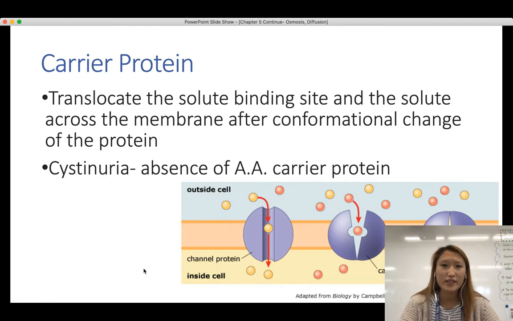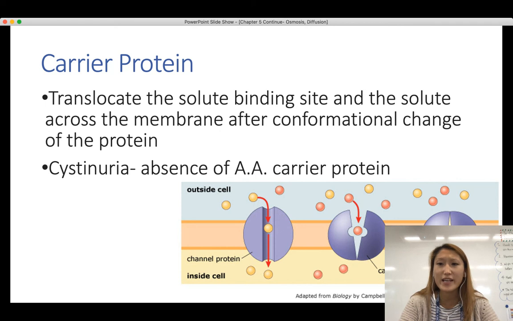On to the next, we have carrier proteins. This one is not a carrier protein, but these two are carrier proteins. A carrier protein goes through the process where a molecule binds to the carrier protein, and this binding will induce a conformational change of the carrier protein, which means the shape of the carrier protein will change, right?